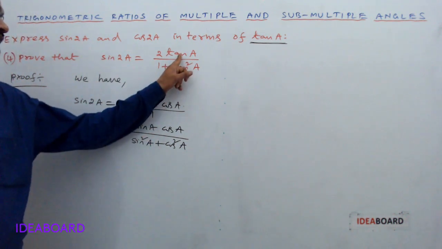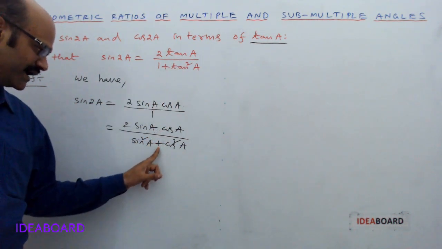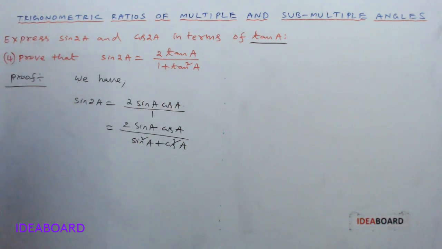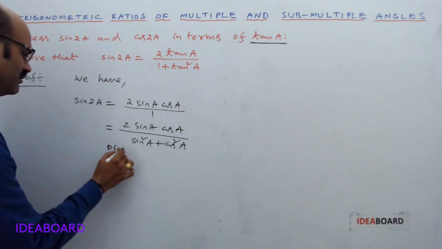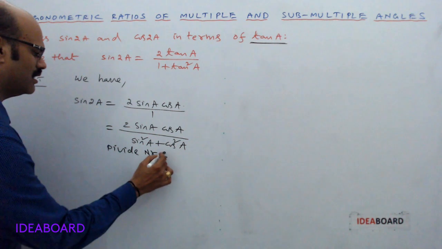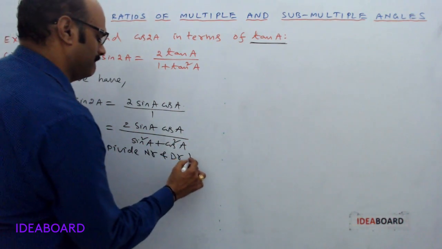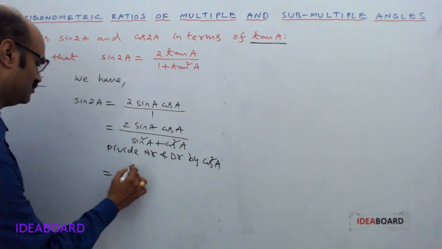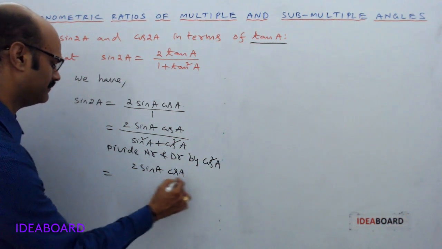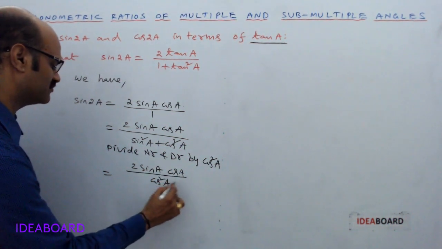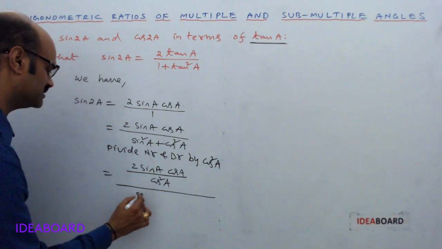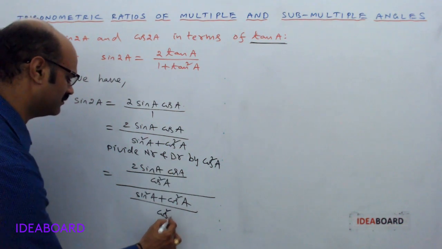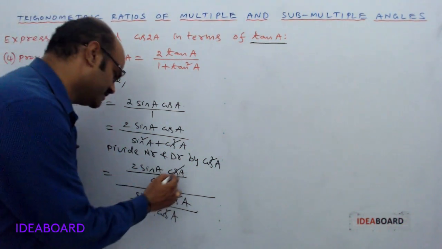Now here we have to get it in terms of tan. To get it in terms of tan, we have to divide numerator and denominator by cos square A. Then we get 2 sin A cos A by cos square A, whole by sin square A by cos square A plus cos square A by cos square A. Then cos A cancels here.